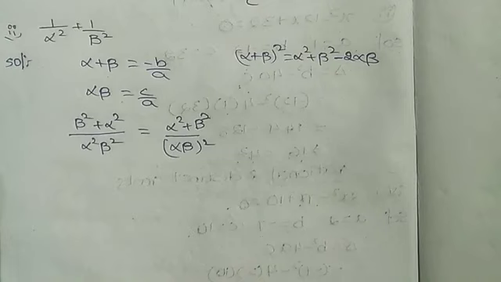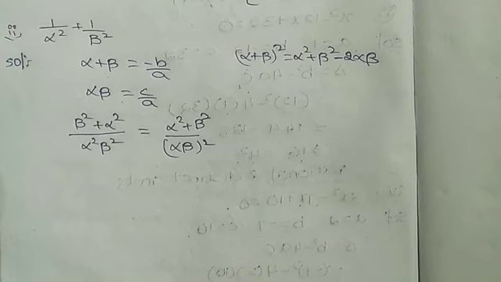Now we have the alpha plus beta whole square value, that is minus b by a whole square, minus 2 into alpha beta value, that is c by a, divided by alpha beta whole square, that is c by a whole square. Now b square by a square minus 2c by a divided by c square by a square.